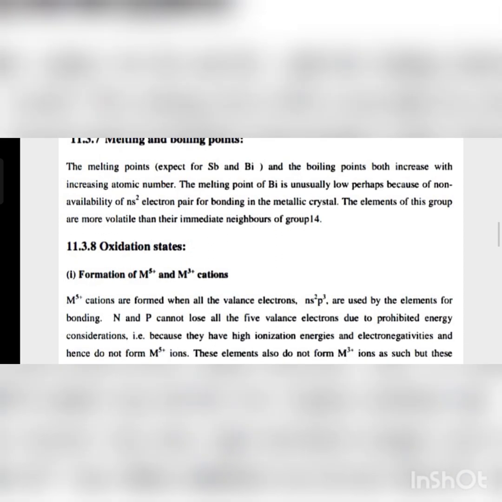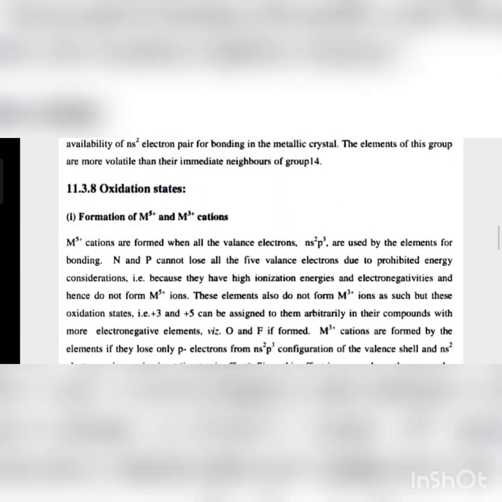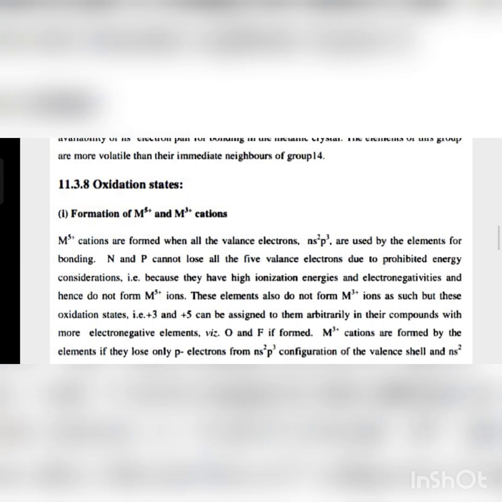Oxidation states. First, formation of M5+ and M3+ cations. M5+ cations are formed when all the valence electrons, ns2 np3, are used by the elements for bonding.